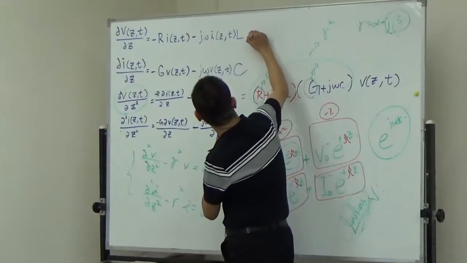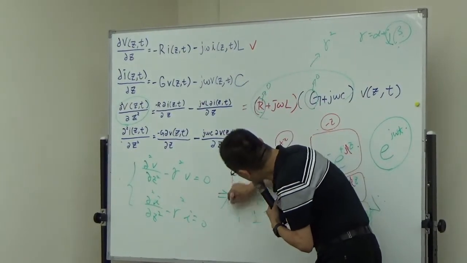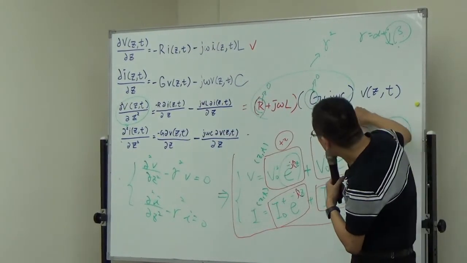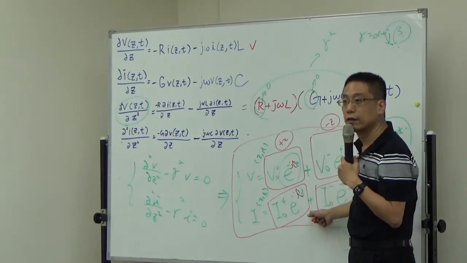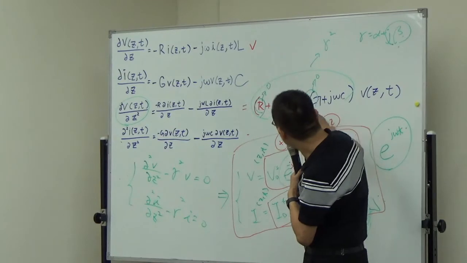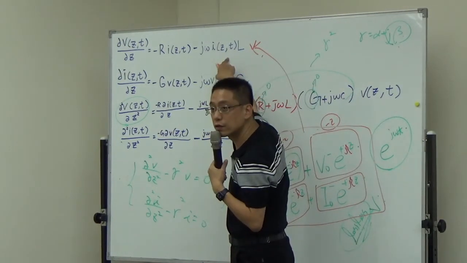For this equation, after all, you got this result, right? You already know this one. Then you take this result back to your first equations.